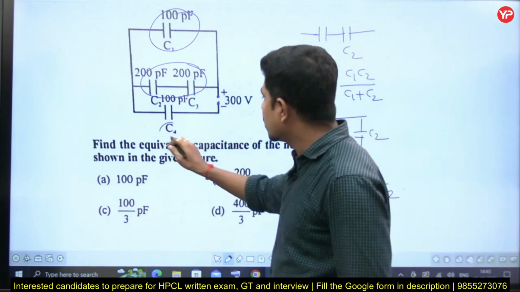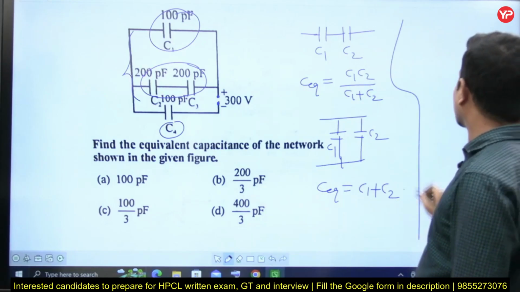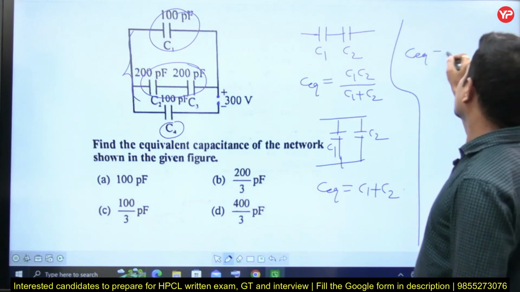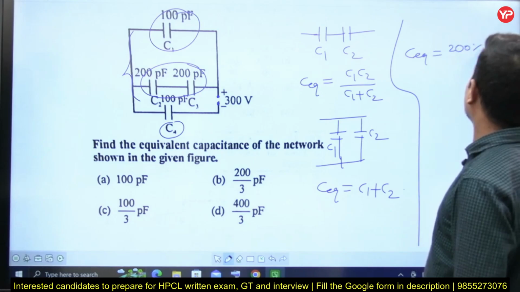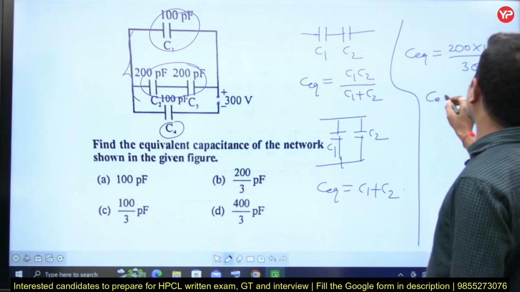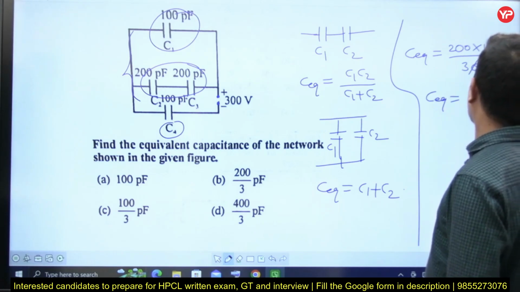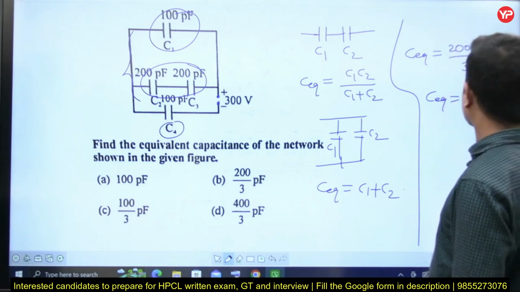C4 is in series with this total, therefore C equivalent is equal to 200 into 100 by 300, which is 200 by 3 picofarads.